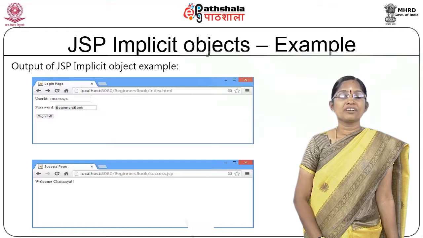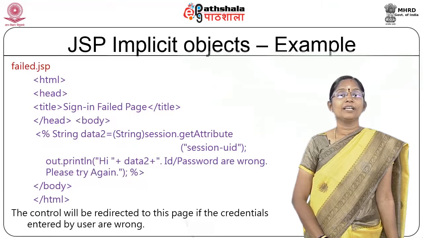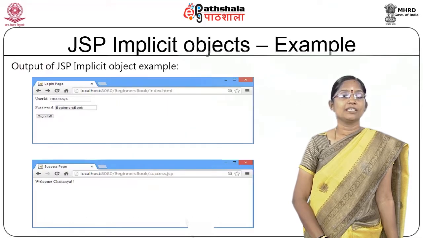You can look through the first one: Chaitanya has been given as the ID and the password has been given as beginner's book. Since both of them have been validated here, session.getAttribute of UID gives you Chaitanya, and we can give the output as welcome Chaitanya.